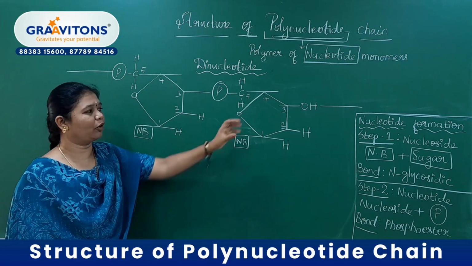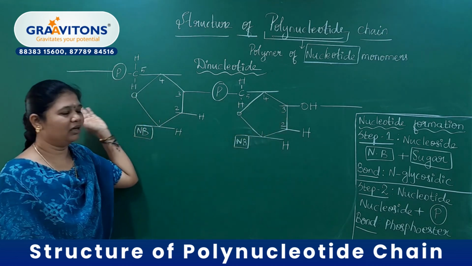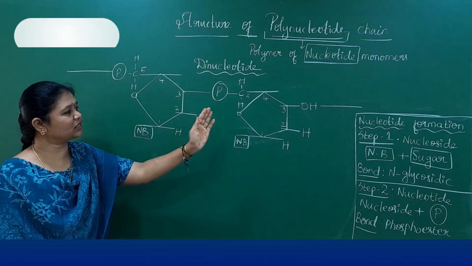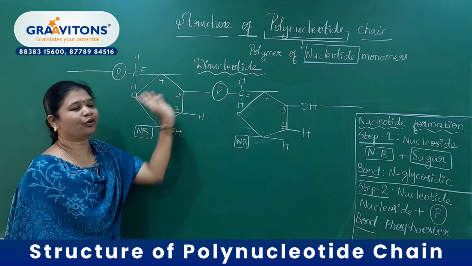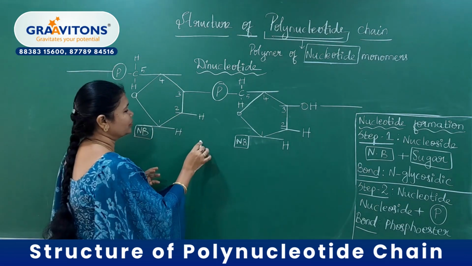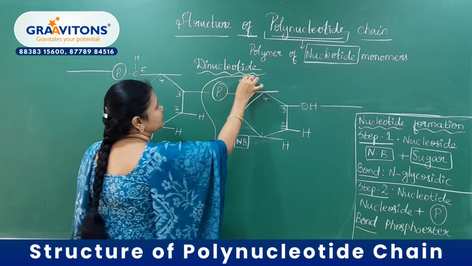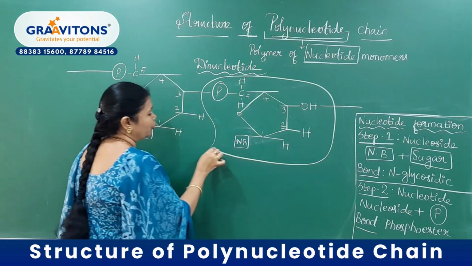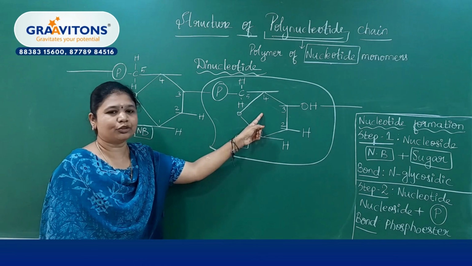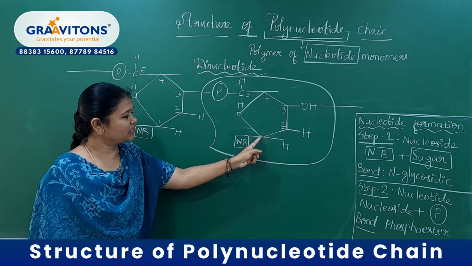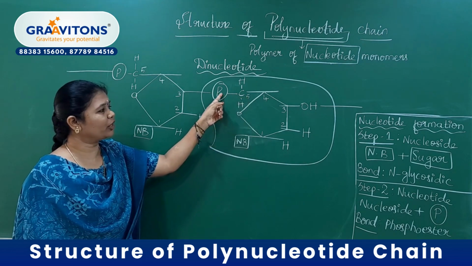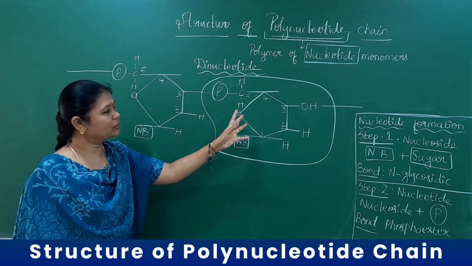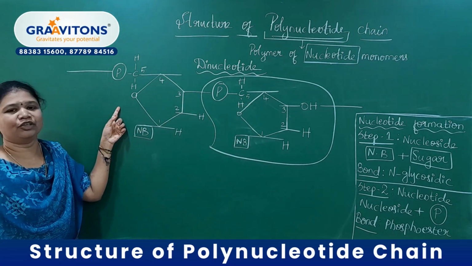In our book the polynucleotide structure is given like this. Two nucleotides have to join. This is one nucleotide: there is a pentose sugar, a nitrogenous base at the first carbon OH, and a phosphate group at the fifth carbon OH. In the same way we have another nucleotide here.